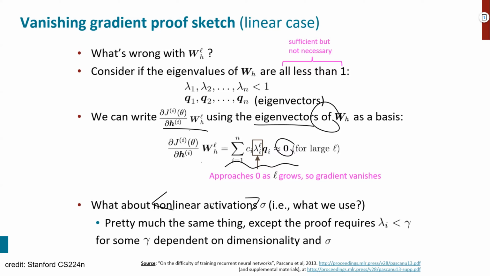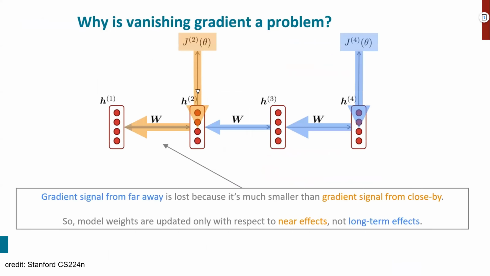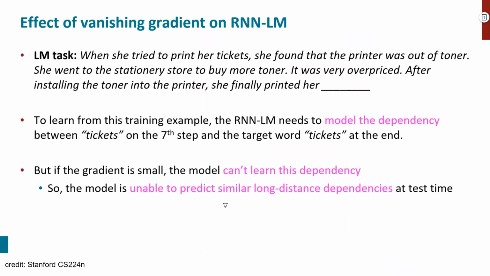We saw this in the previous slide, okay? And I told you the gradient signal from far away is lost because it's much smaller than the gradient signal from close by. So model weights are updated only with respect to near effects, and we cannot think about the long-term context. That's the problem of vanishing gradients.